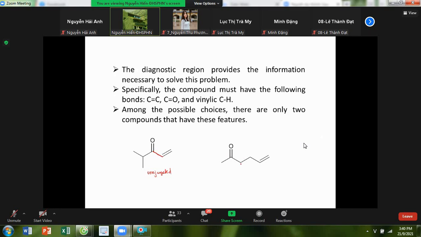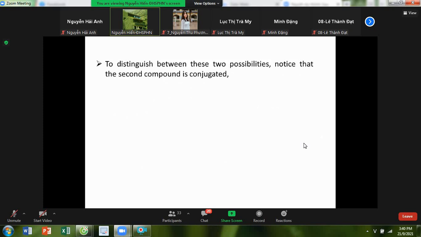And this one is not conjugated, because they are so far away from each other, 1, 2, 3 bonds apart. So no conjugation between the two double bonds. So to distinguish between these two compounds, you have to pay attention to this difference.